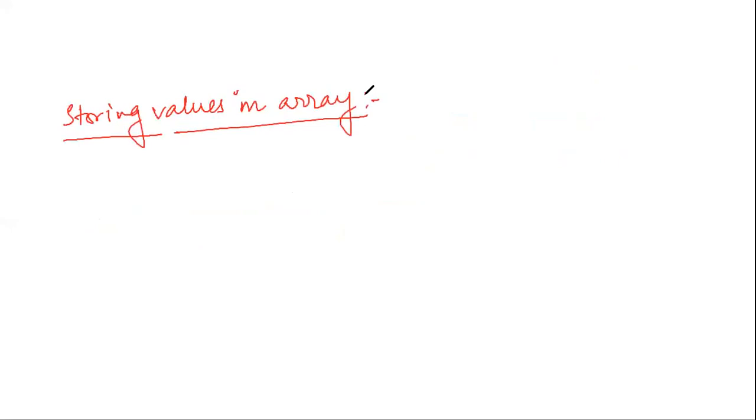So we all know that when we declare an array, we can store values there. Storing values in an array, there are 3 ways. We will discuss these one by one.